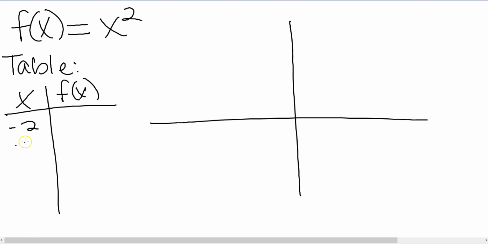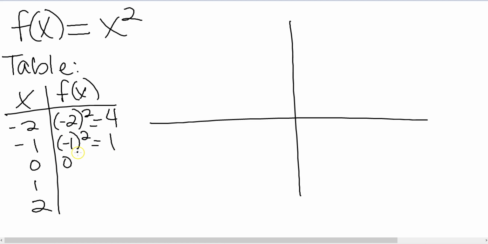Let's say we have -2, -1, 0, 1, and 2. Let's plug these values into our equation. So that'll be -2 squared, which is +4, -1 squared, which is 1, 0 squared is 0, 1 squared is 1, and 2 squared is 4.